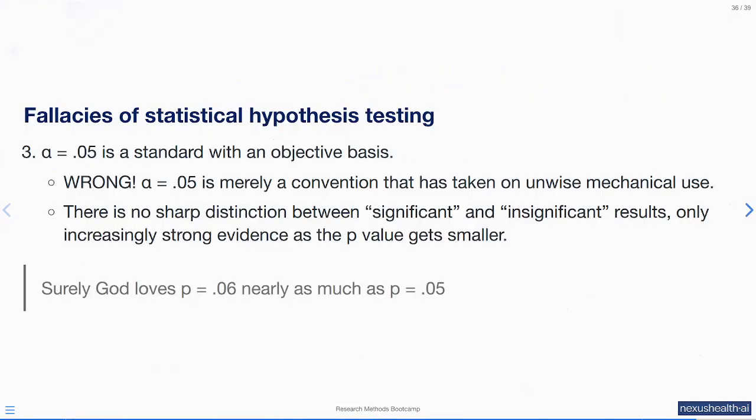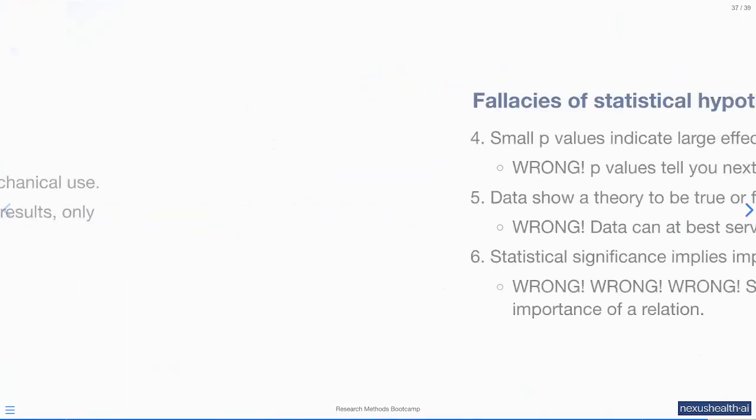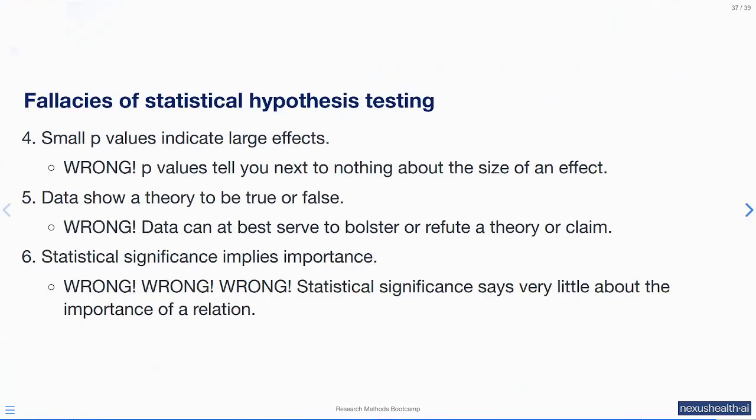Only increasingly strong evidence as the p-value gets smaller. Another fallacy of statistical hypothesis testing is that when we find small p-values, they indicate large effects. That is wrong. P-values tell us nothing about the size of an effect.